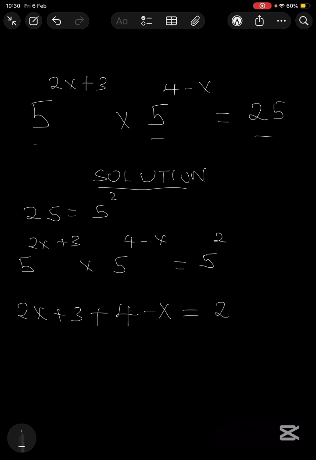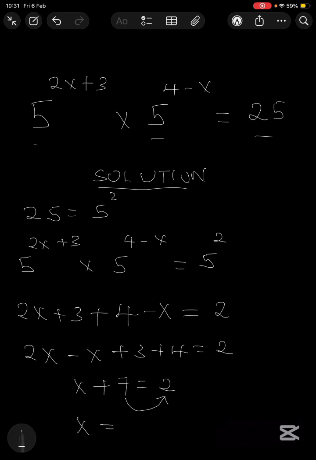Make x the subject. So we have 2x minus x plus 3 plus 4 is equals to 2. So 2x minus x is x, then plus 3 plus 4 is 7 is equals to 2. We take 7 to the other side, it becomes minus. So x is equals to 2 minus 7, and x is equivalent to -5.